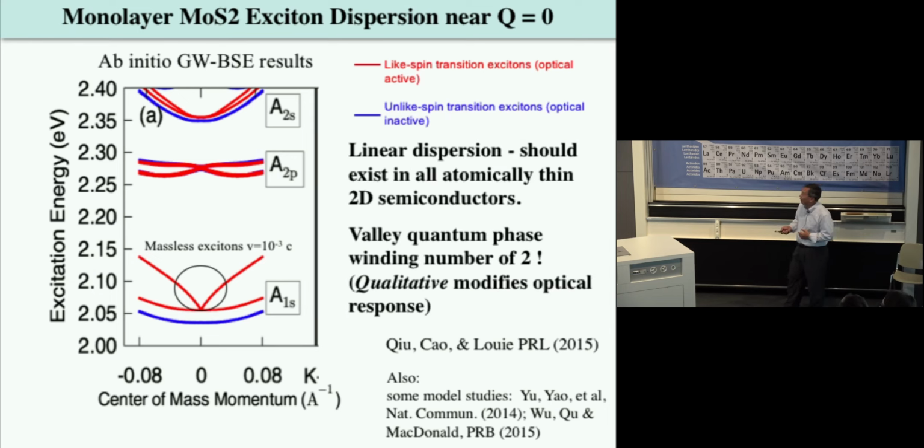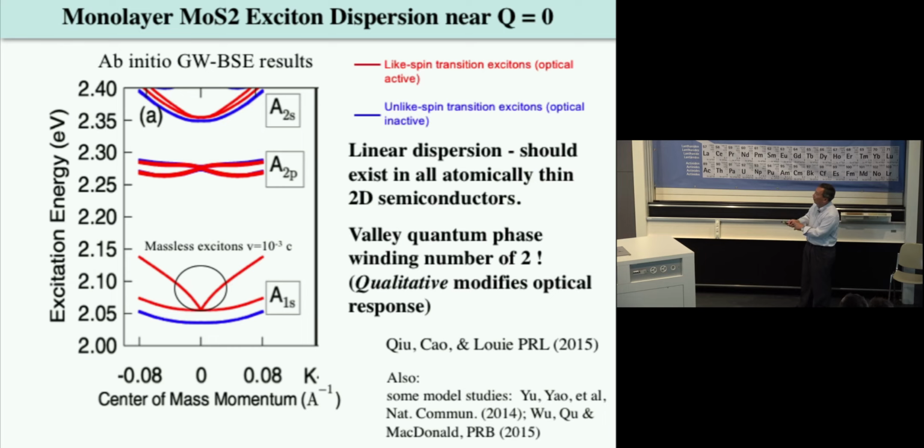So the optically active one is the so-called spin-direct transition. It turns out that this exchange term only applies to these transitions, so it only applies to the optically active states. So you see that the optically active states don't behave like parabolic bands. In fact, for this particular branch of exciton, it has a linear dispersion.